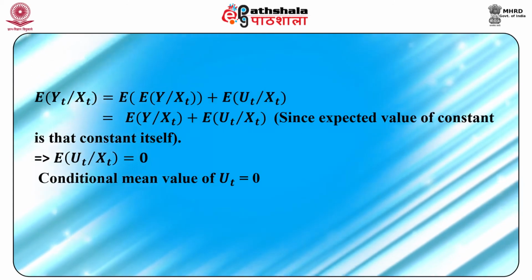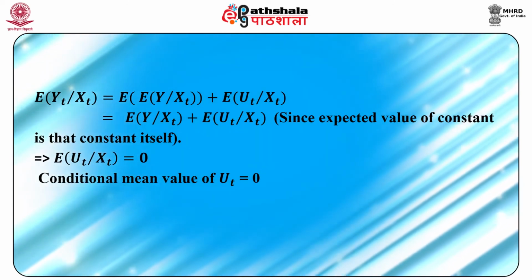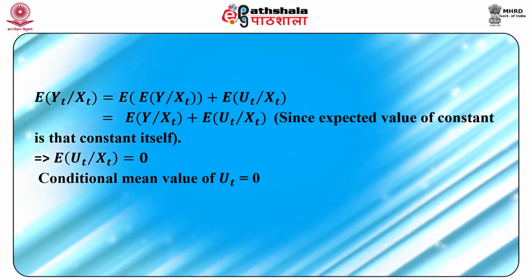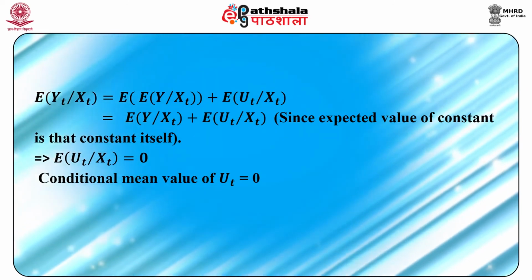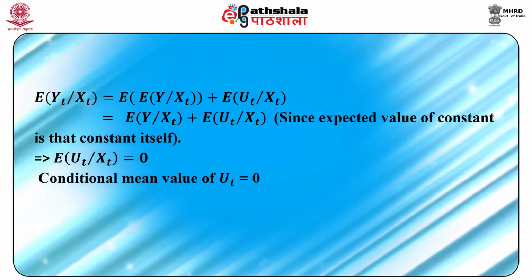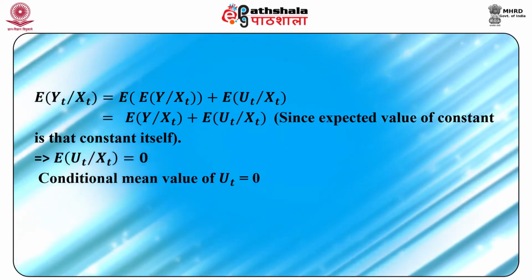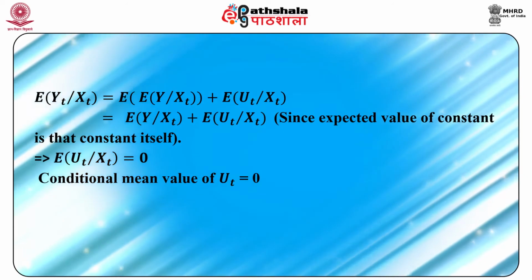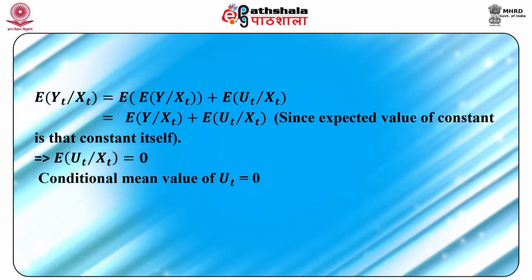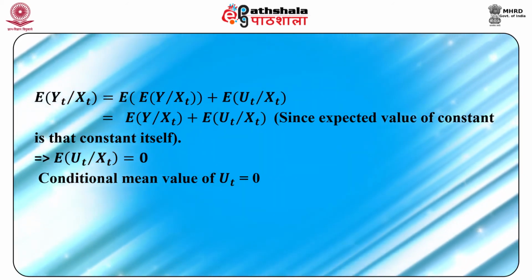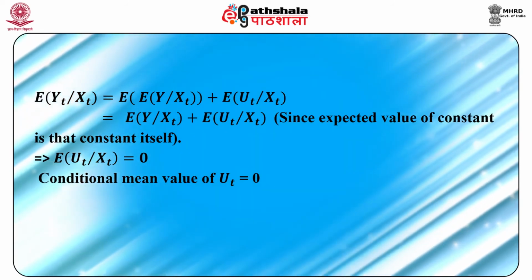Now, this we have written for a given level of income. The right hand side is reduced to expected value of y given xt plus expected value of mu t given xt, because expected value of a constant is the constant itself, and therefore, there is no change in the first term.